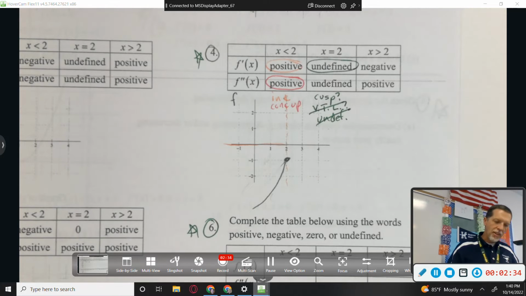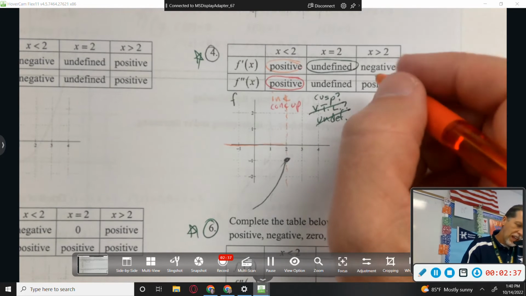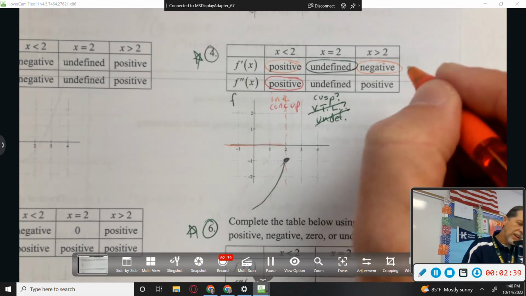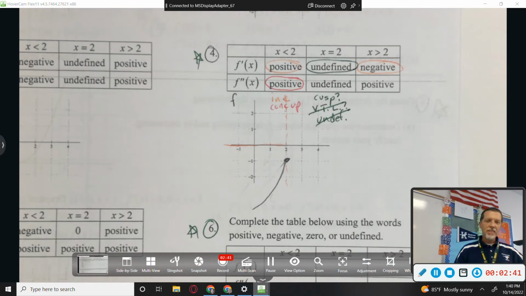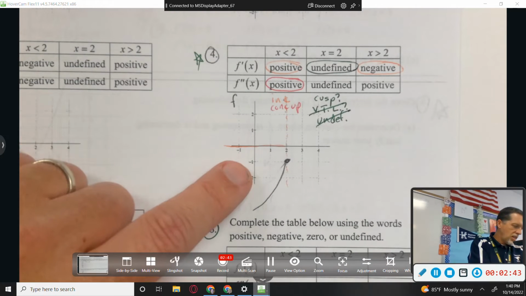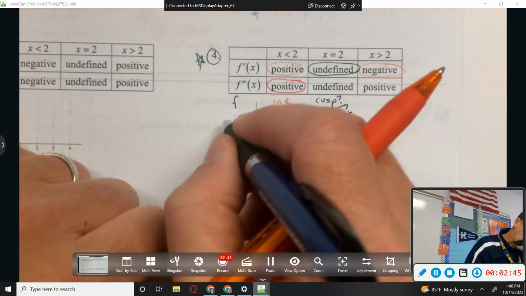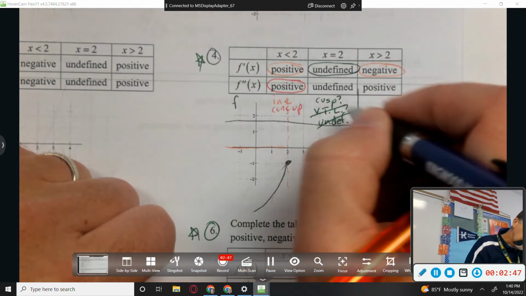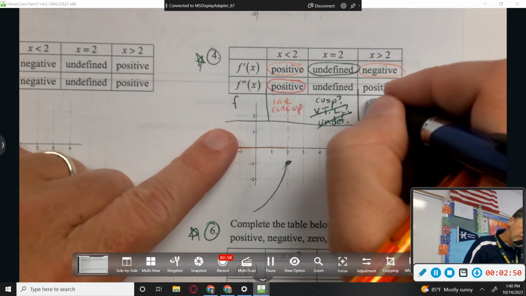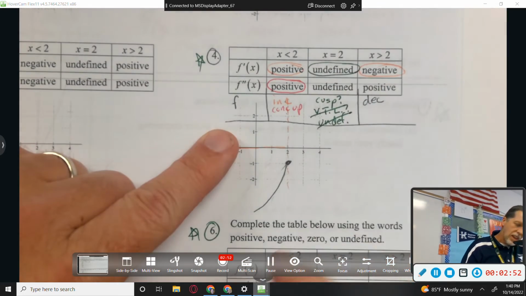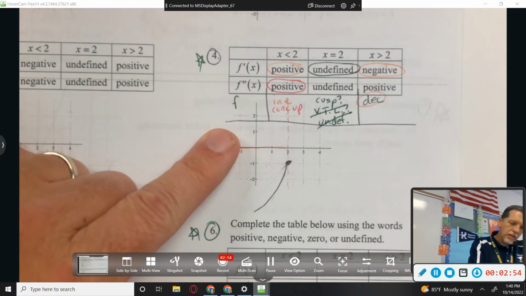Let's see if that matches the other side here. F prime is negative. What does that tell me about f? Yeah, I'm going down. I sort of tried to add a third row here. So f is decreasing. Decreasing.